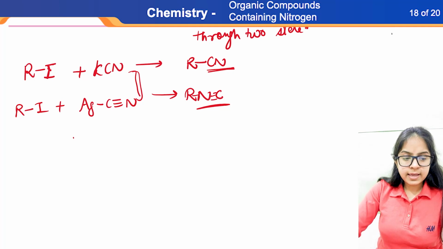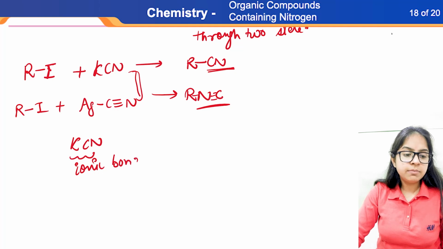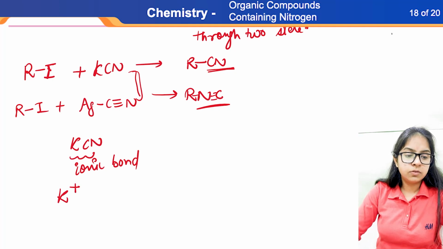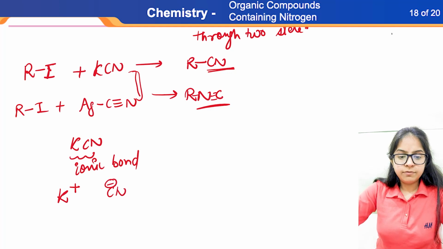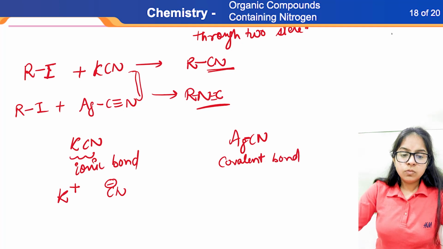If it is KCN, this is an ionic bond, between potassium and carbon. Because of the electrostatic force of attraction, K and C are going to separate completely: K positive and CN negative. If I have AgCN, there is a covalent bond between Ag and C. Now it is not going to break like this.